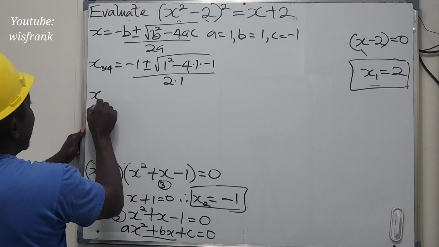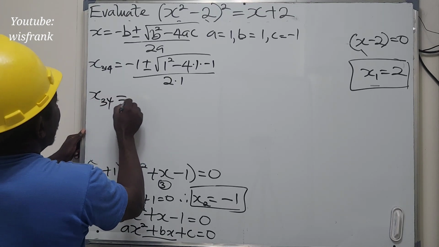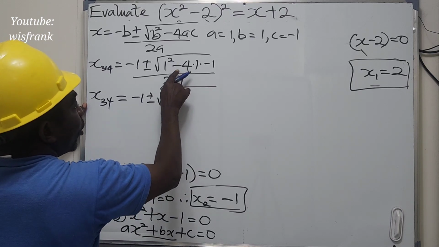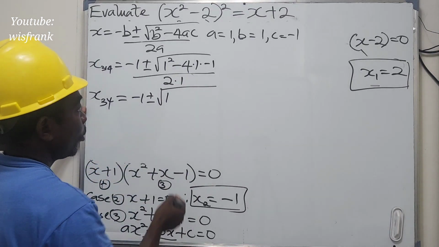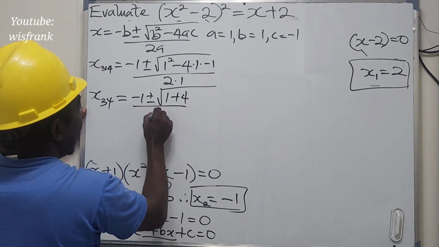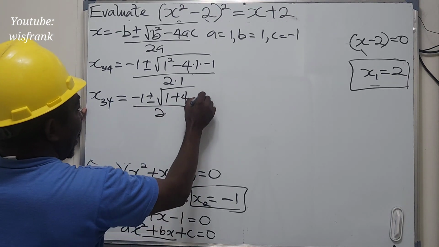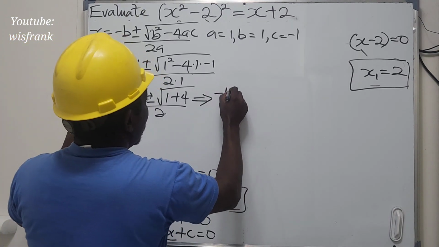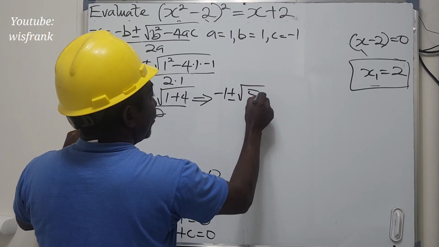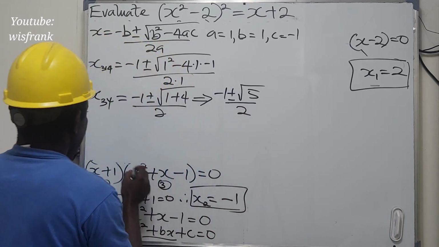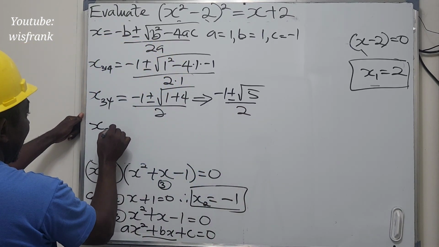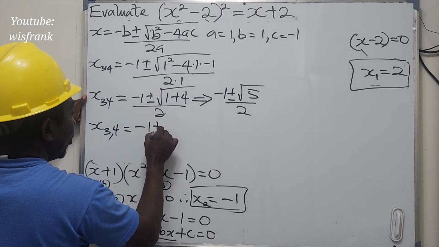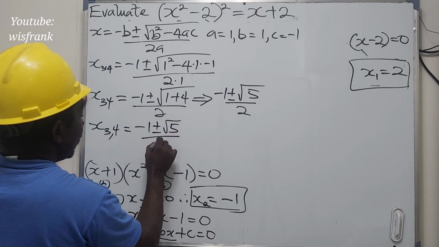So in this case, x3, 4 will be equals to minus 1 plus or minus square root of 1, and minus 4 times 1 times minus 1 becomes plus 4, all over 2. So we have x3 and x4 equals to minus 1 plus or minus square root of 5 all over 2.